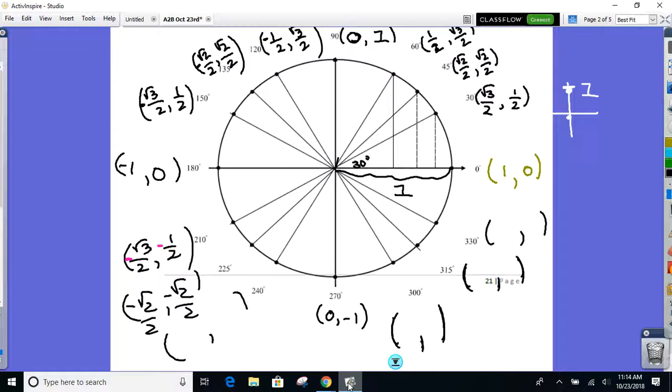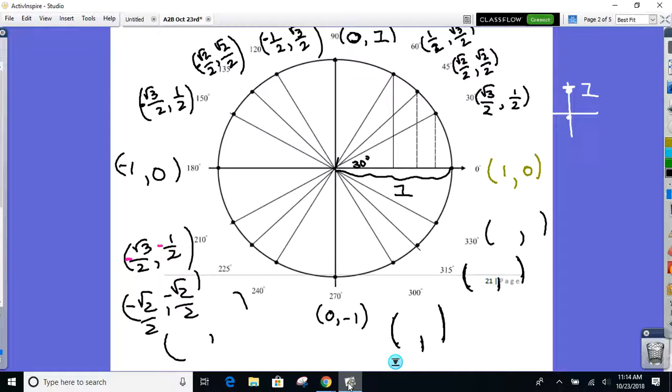Okay, let's step back. Ready? 240. Do we know how to find the reference angle for 240? It's 180. What is the difference between 180 and 240? 60. So let's go to 60. What we labeled up there.